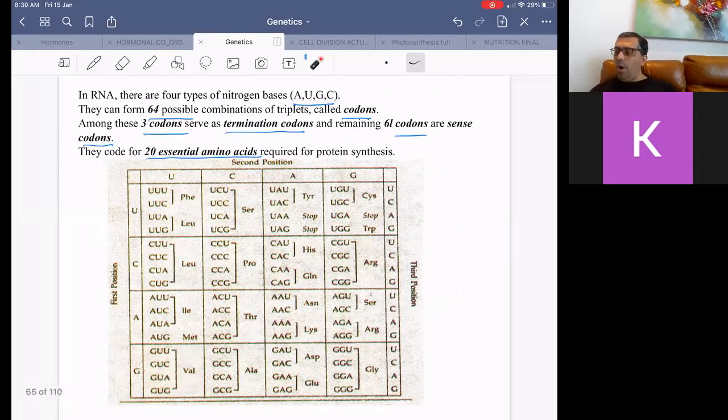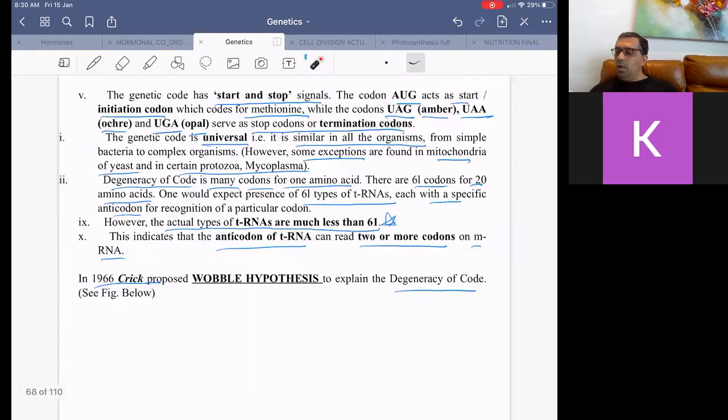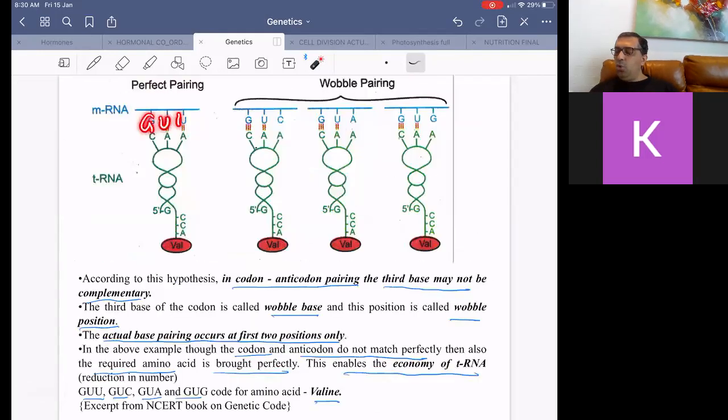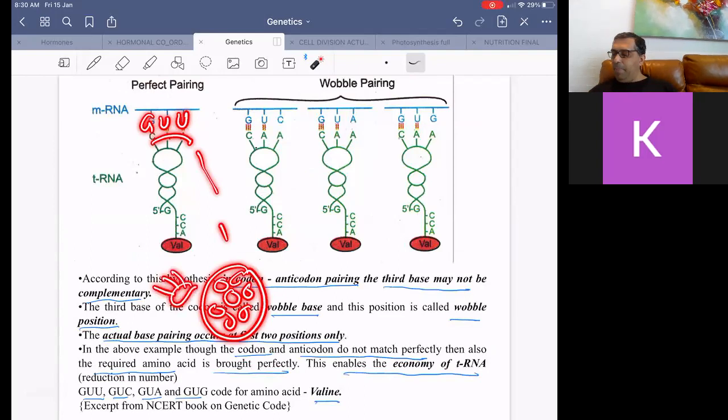So now what will happen? Sir, समझो you have GUU as the codon. It is read by amino acyl tRNA synthetase. Message goes to the amino acid pool, and a tRNA will pick up the amino acid valine and go and fit, and the codon pairs with the anticodon.